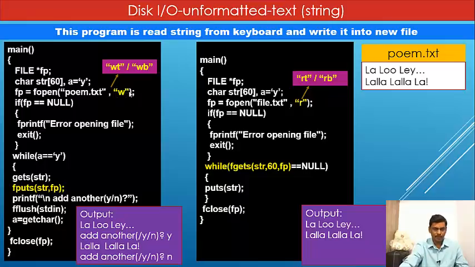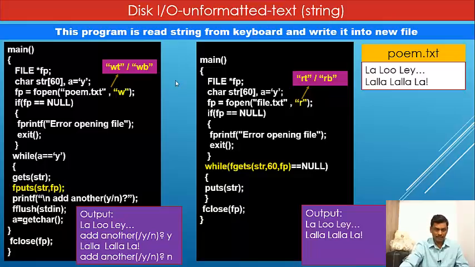If we put wb, it is the binary write mode. So here we open the file in text mode only, poem.txt w.